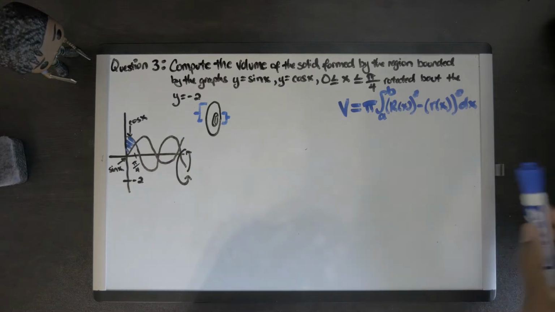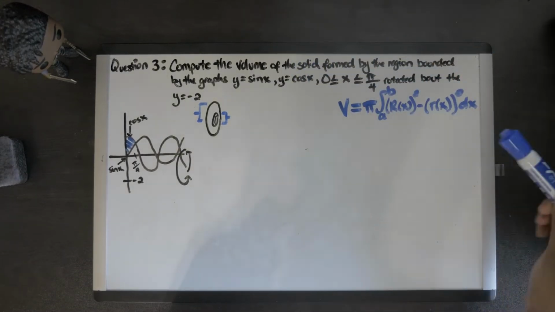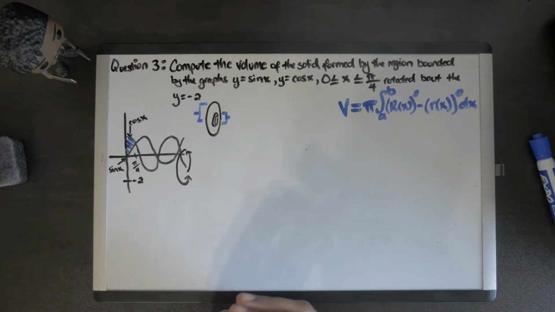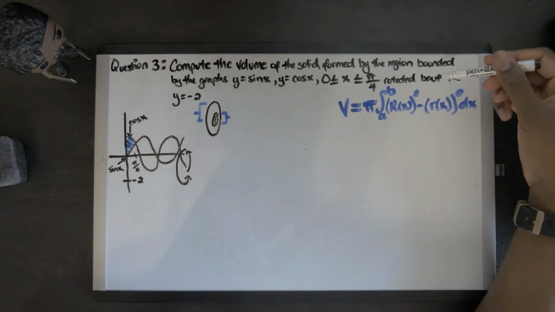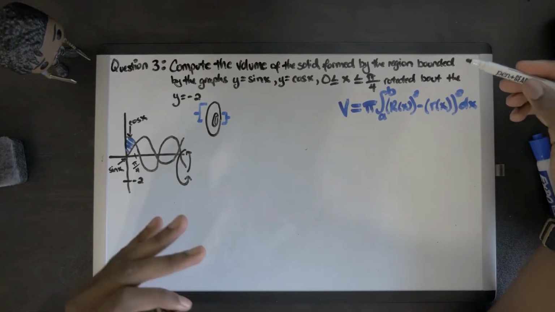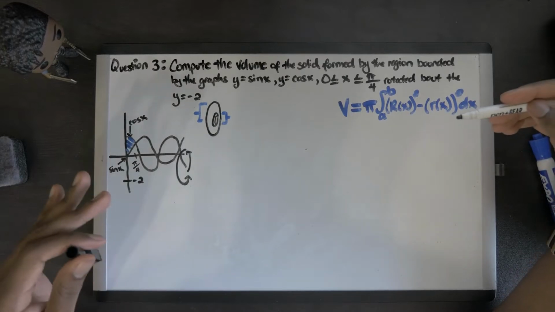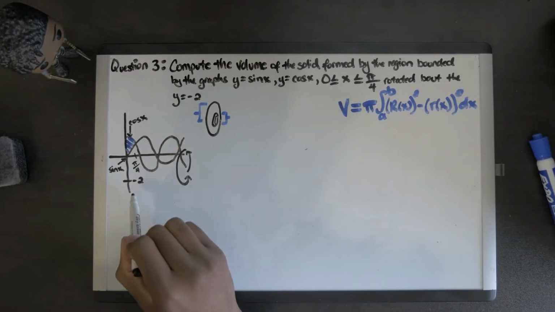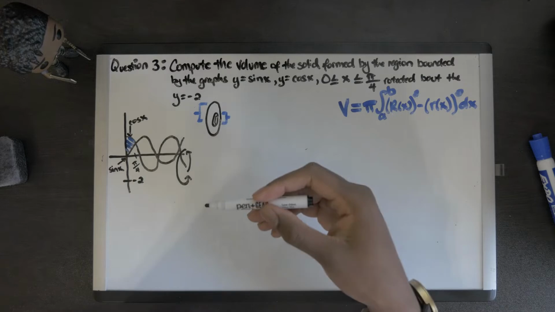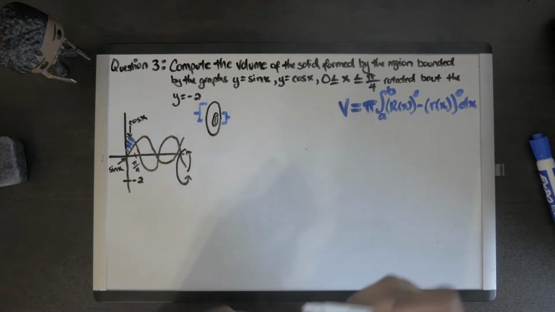So if we already know that the regions are 0 and pi over 4, well, let's take some more things into account. It's saying that it's being rotated, but it's not just by the y-axis or the x-axis. It's actually from minus 2. So that's a little bit different from rotating against the x and the y-axis.